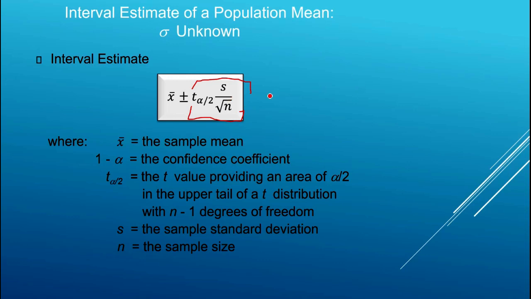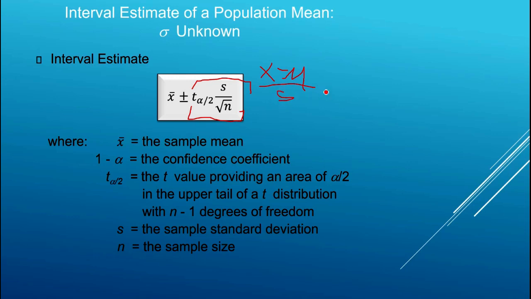Okay, and basically, this looks a lot like the formula for standardizing values. When we standardized values before, we had a value minus mu, the mean, and we divided it by the standard error.